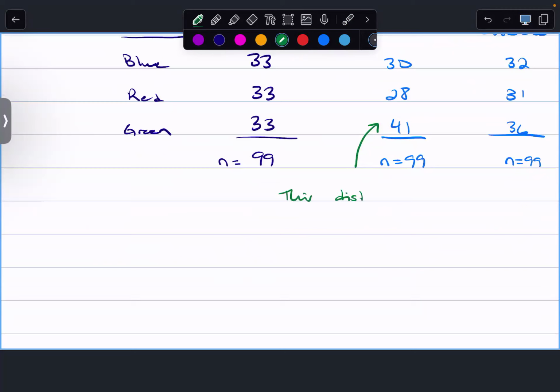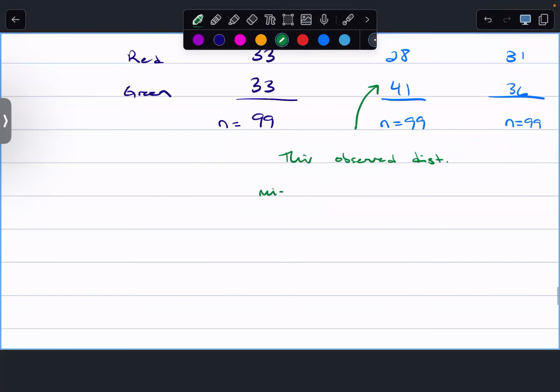And so here, this observed distribution, and I want to highlight that there's an observed distribution and an expected distribution, might be too far from the expected to be considered evenly distributed.